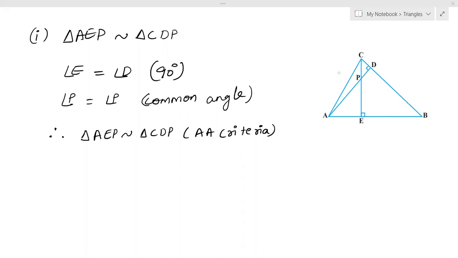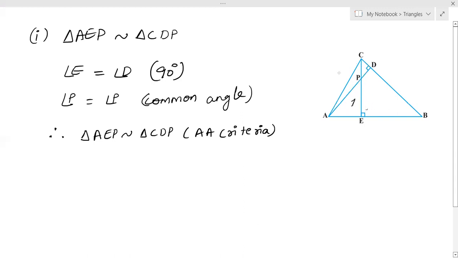So let's do that. I have taken the figure. We have to prove that triangle APE, this triangle, and CDP, this triangle, are similar.